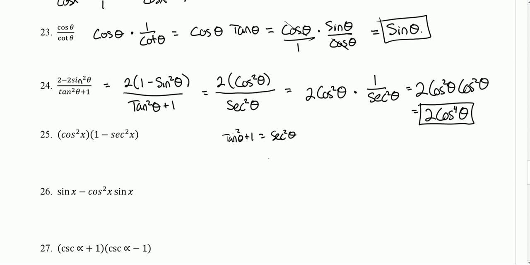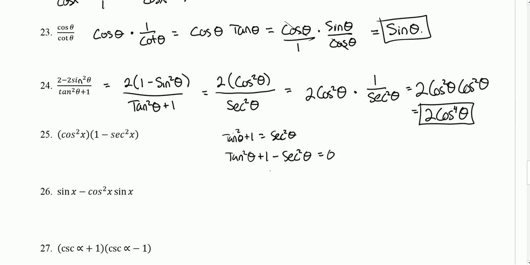So if I change this around a little bit, and if I subtract secant squared theta, I get tangent squared theta plus 1 minus secant squared theta is equal to 0.